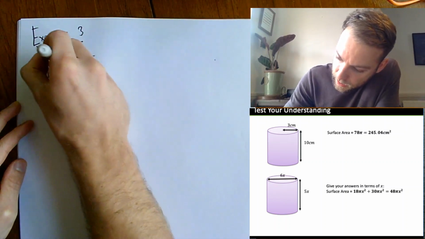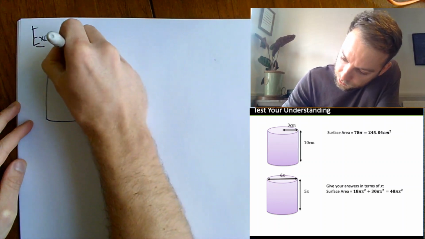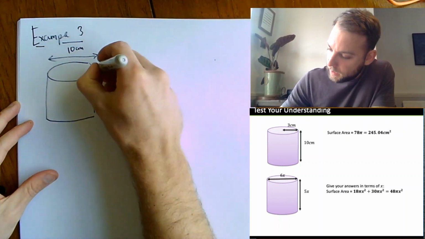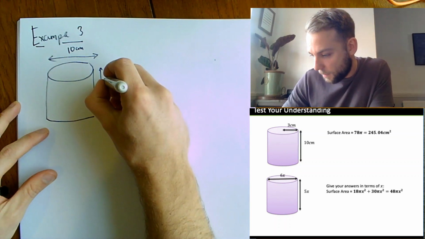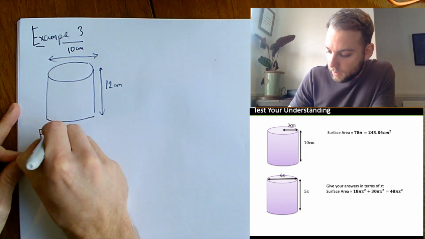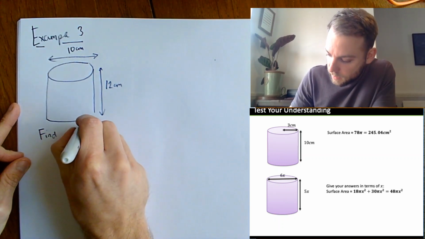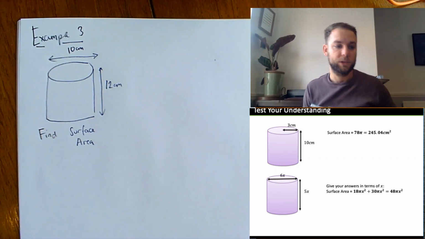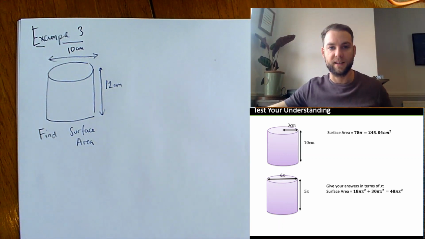I'm going to say the diameter is equal to 10 centimetres. The vertical height here is equal to, let's say, 12 centimetres. Find the surface area. So I'm going to say pause now and have a go at that yourself.